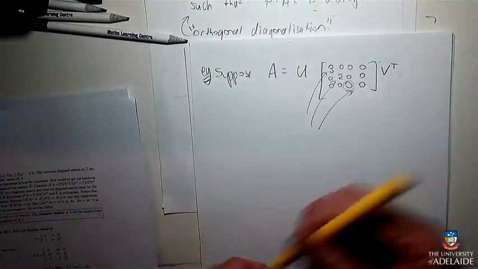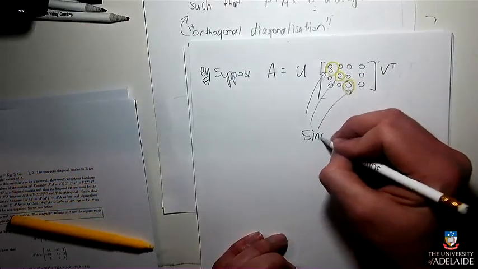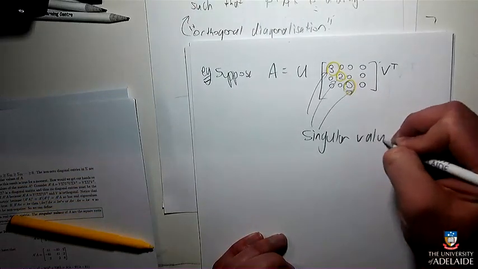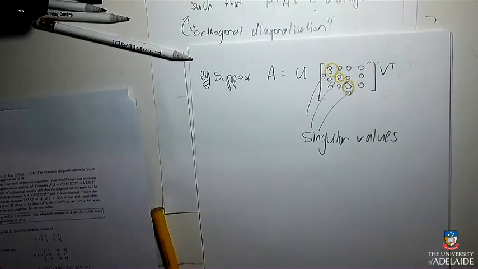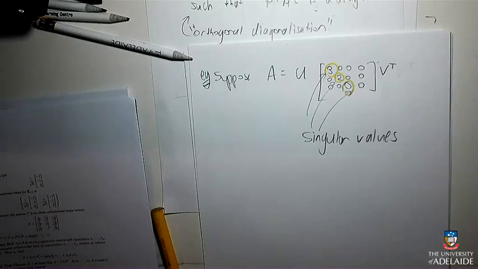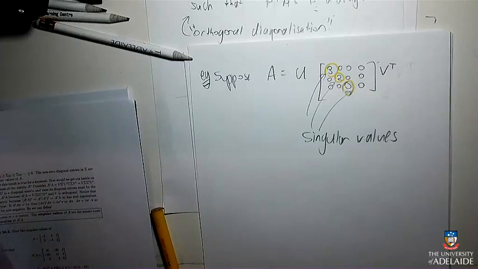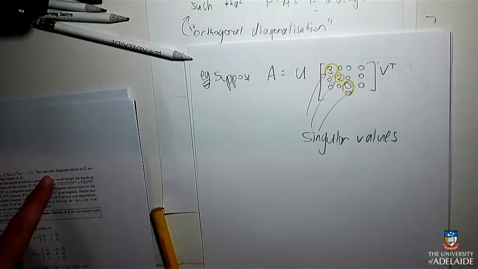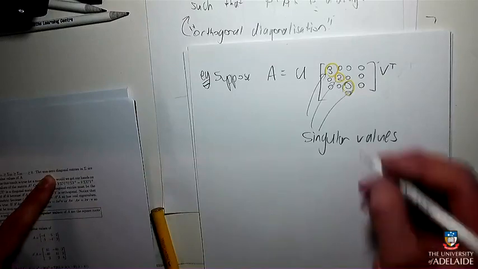Color code. Give me a second. No, it specifically says in your notes that it's the non-zero entries that are the singular values. So not that one.